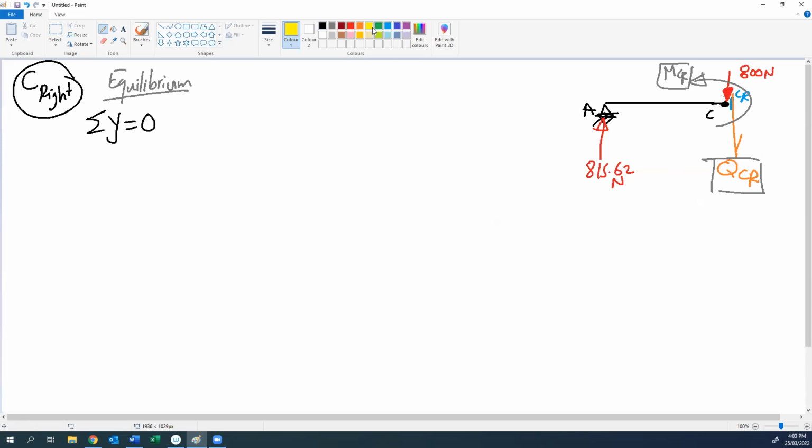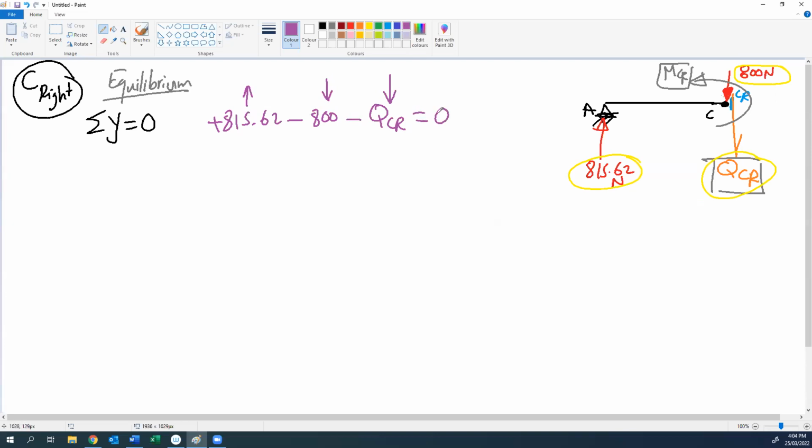What are the forces in y? We have the reaction, and now we have 800 and we have QCR. So these three forces will be under equilibrium using the equation sigma y equal to 0. So we will have 815.62 going up, so it's positive, minus 800, the applied load going down, so negative, minus QCR going down, I assume it is going down.